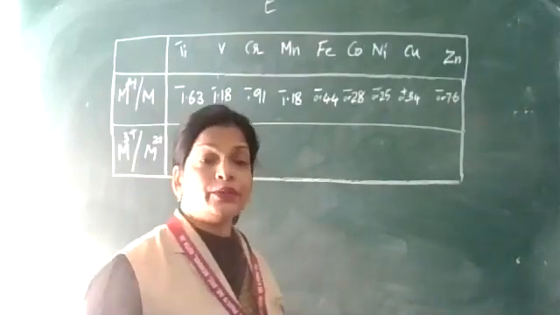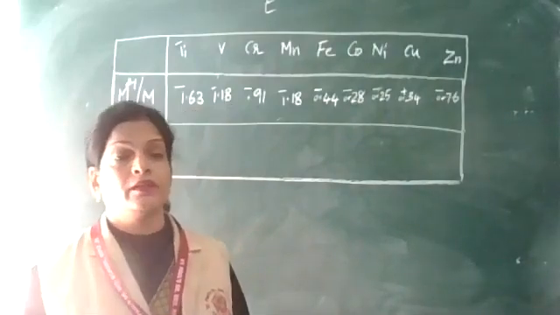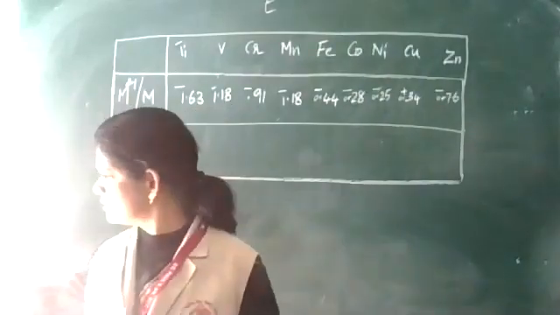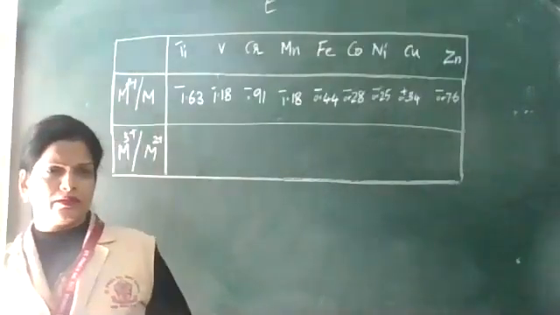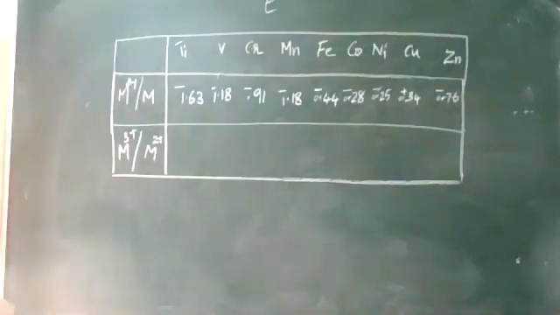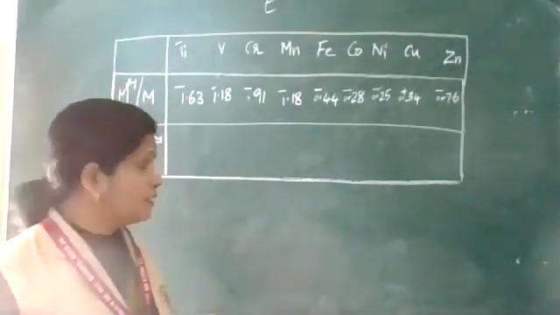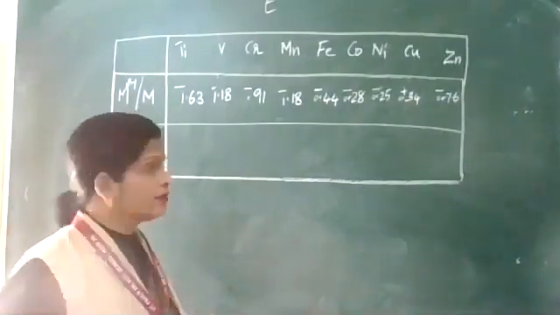We know that the E naught value is a measure of sublimation enthalpy, ionization enthalpy, and hydration enthalpy.